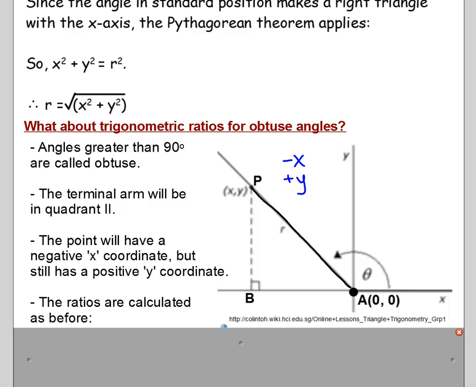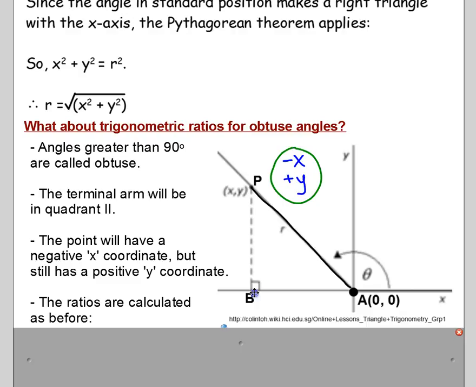All right, and now for looking at what happens when our angle is in fact obtuse, greater than 90 degrees. Well, our terminal arm will now be located in quadrant 2, and we have to pay attention to the sign of our coordinates. So our point x, y now will have a negative x value, a positive y value, which produces certain properties for the trig ratios that are going to use x and y, and all three will use at least one of those ratios.